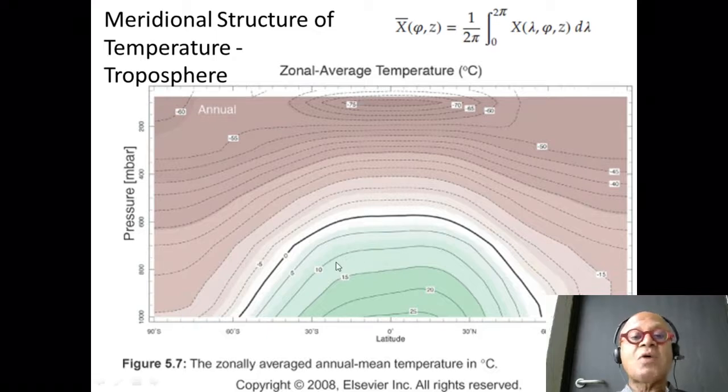That doesn't happen. Why? You can guess. Basically because we are not in a tank that's just sitting there. It is a rotating planet, which means the rotational effects are going to have a strong impact on maintaining gradients in the horizontal and in the vertical as well.